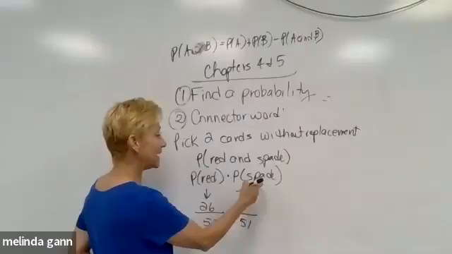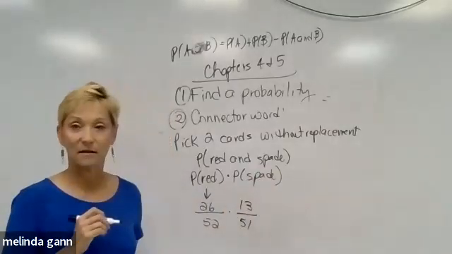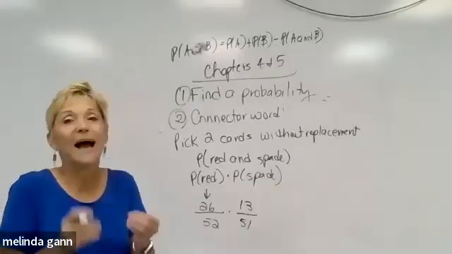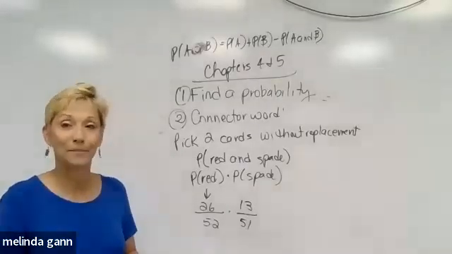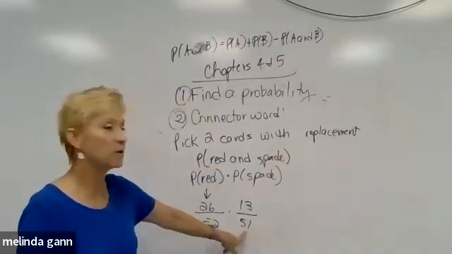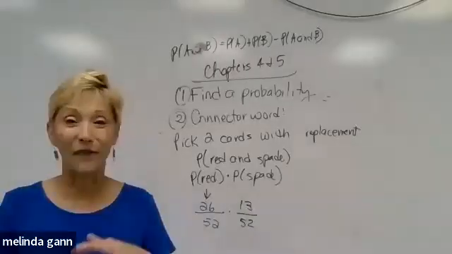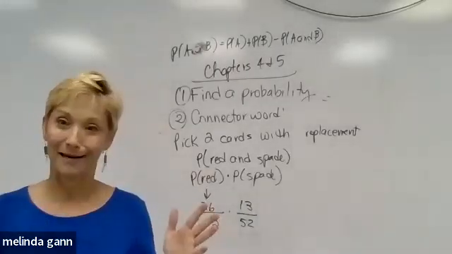Of those, I need, how many are spades? Well, 13. The red card's not a spade. Does that make sense? So you got to know what you kept. Now, what if I had said with replacement? Well, if I said with replacement, this wouldn't be 51. This would still be what? 52.